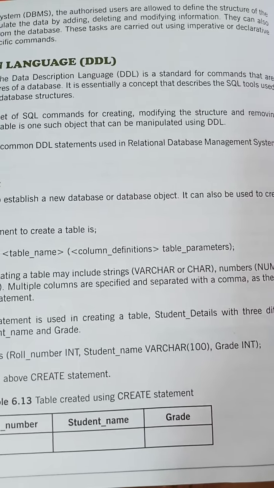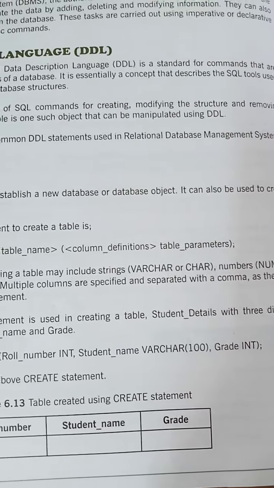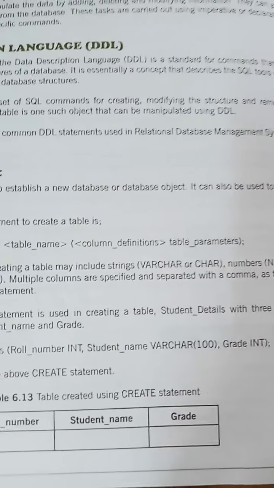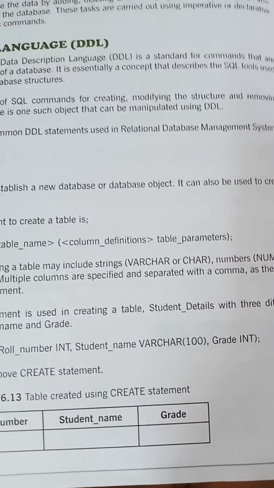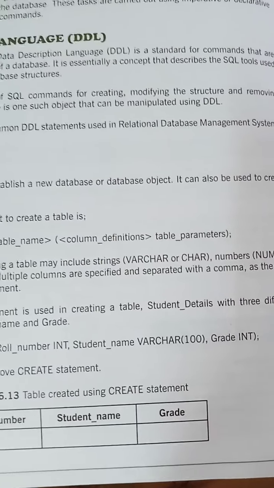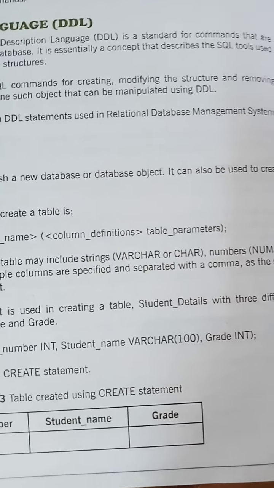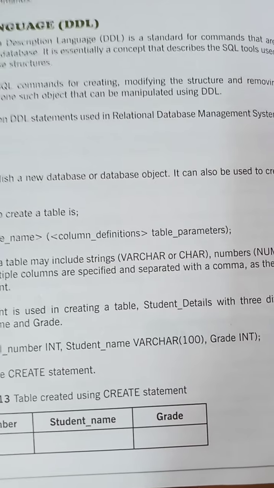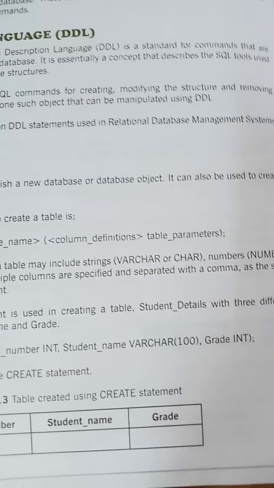Whatever size of that character type data you want, you have to give. Suppose you have given 100, that means what? Maximum 100 characters you can enter in the student name. If you have written 50, then maximum 50 characters. So according to your requirement you have to write the size of the data.